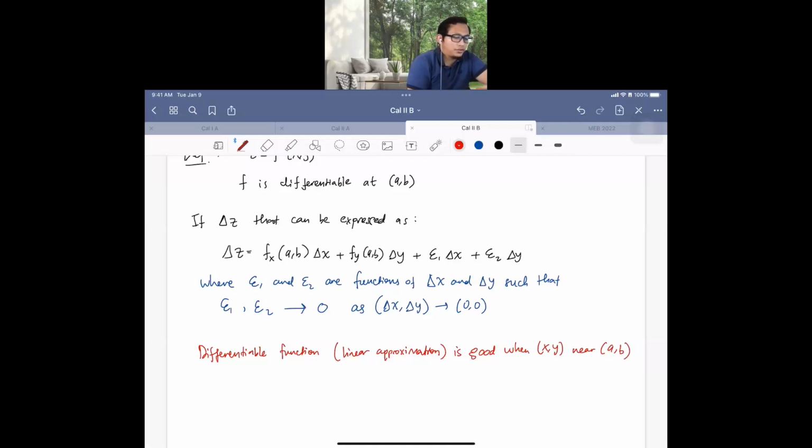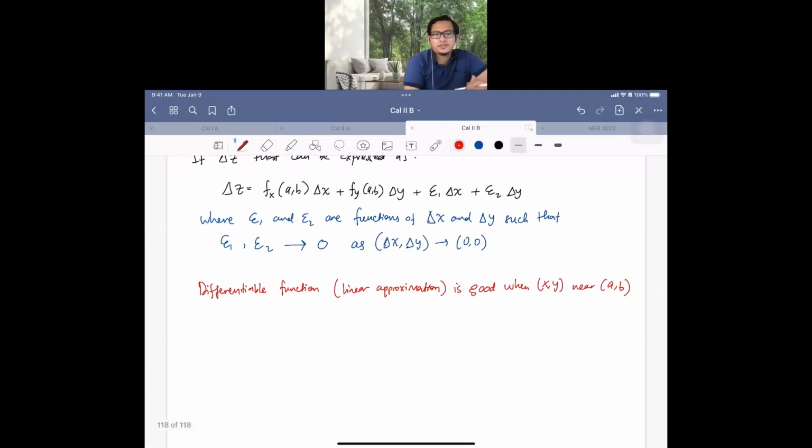So we need to check whether the function is differentiable or not. Like I mentioned before, it will not work if it's not differentiable.